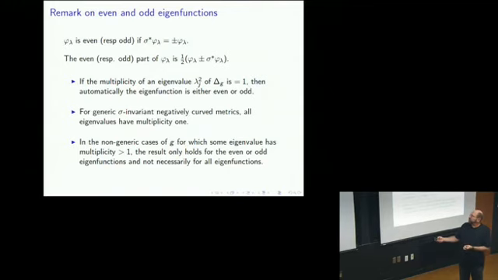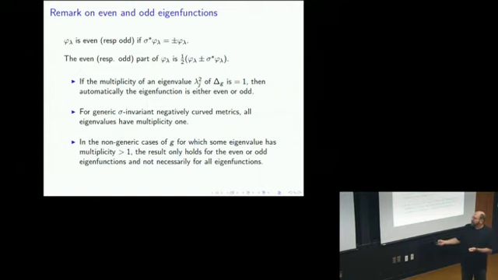The even or odd part of an eigenfunction is then defined by this, like sines and cosines. Now, if the multiplicity of an eigenvalue is 1, then automatically the eigenfunction is either even or odd, because this averaging preserves an eigenspace. So if you have multiplicity 1, one of these is 0, and one is equal to phi lambda.